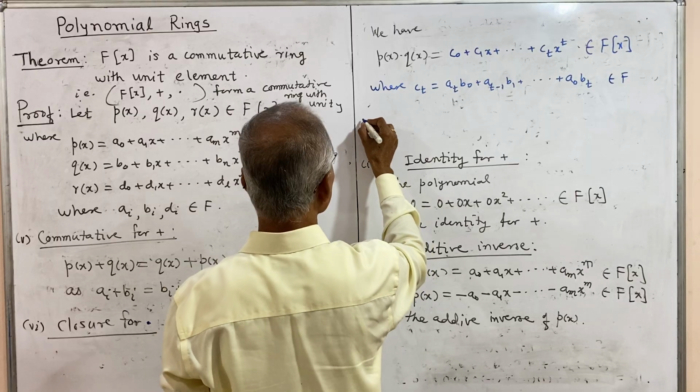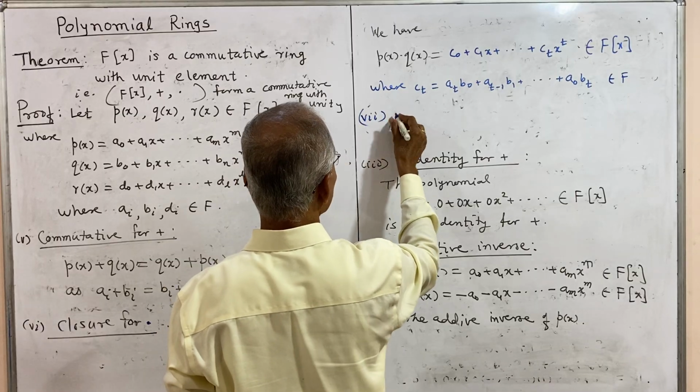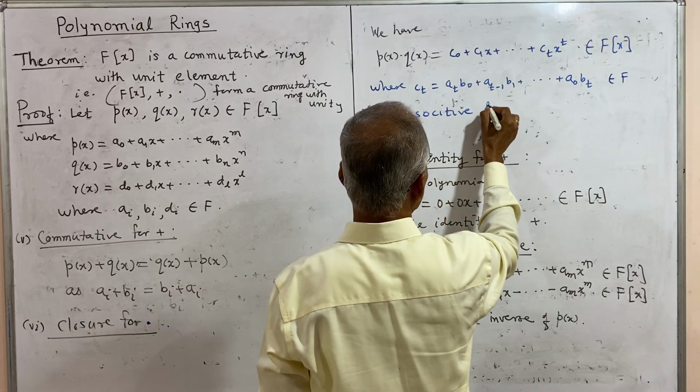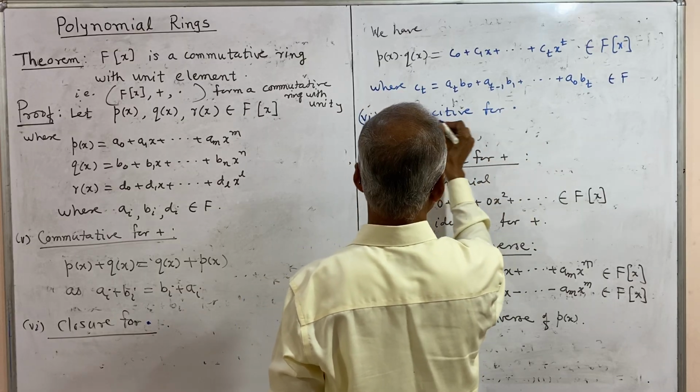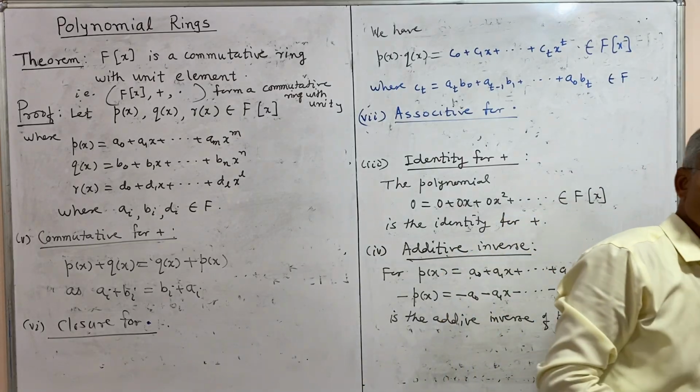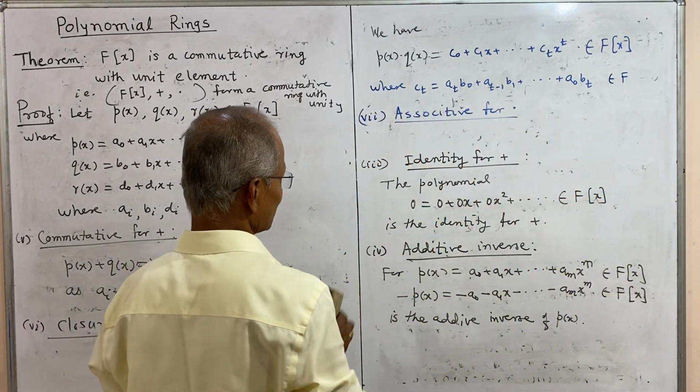Now next is associative for multiplication. And that property we know is, taking three polynomials p, q, r, their product is associative.